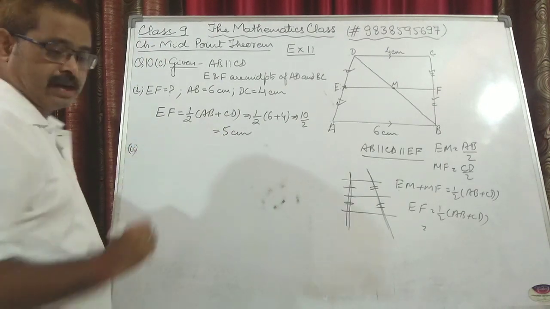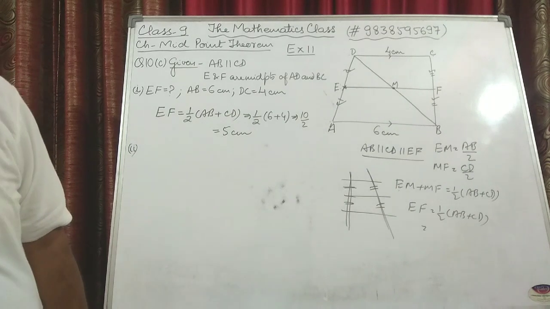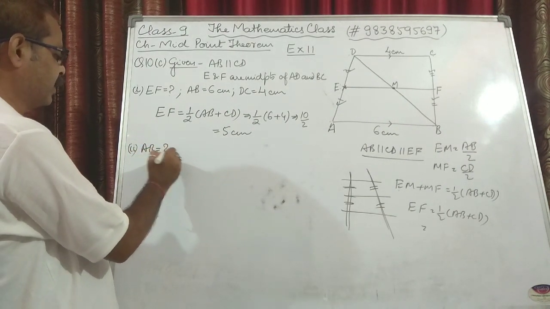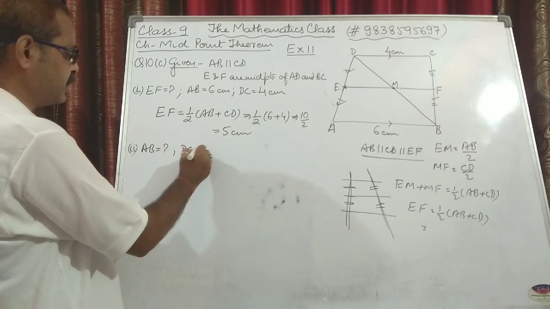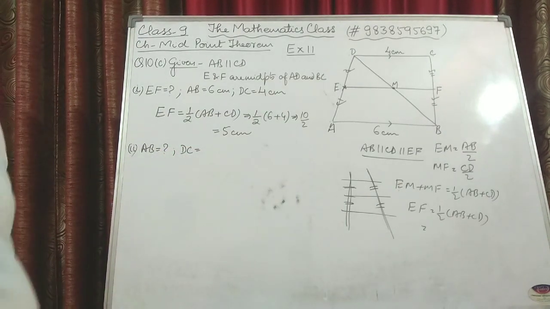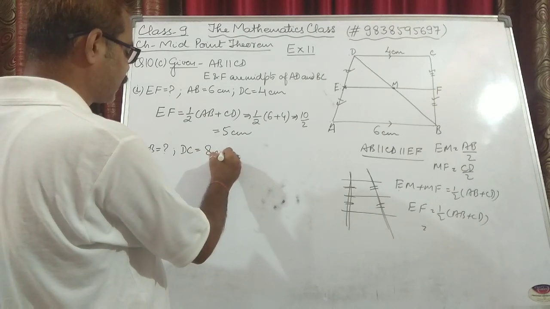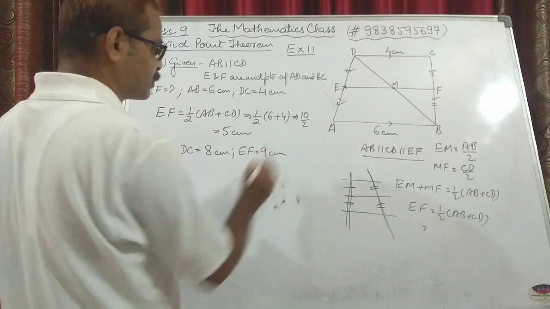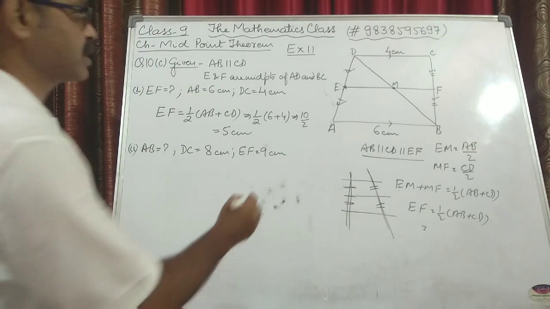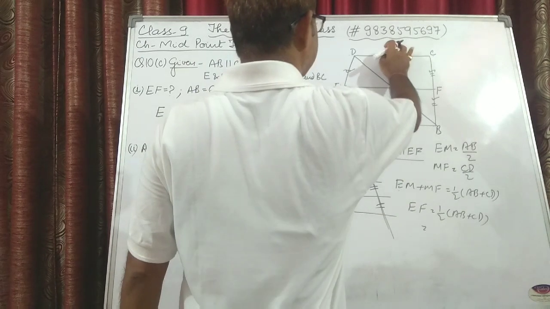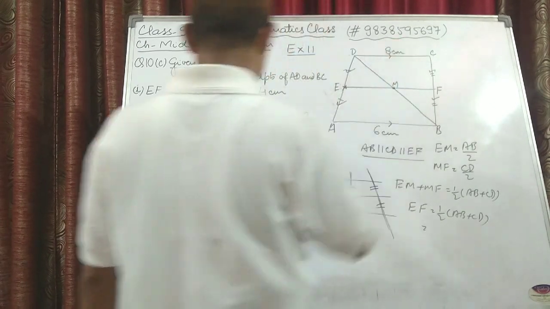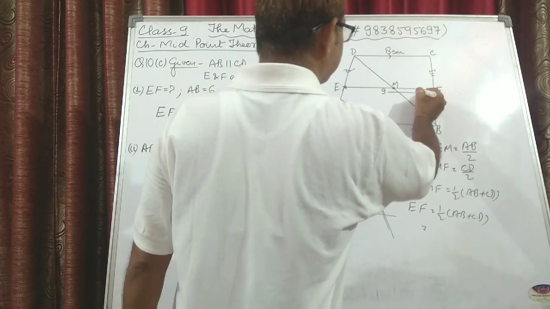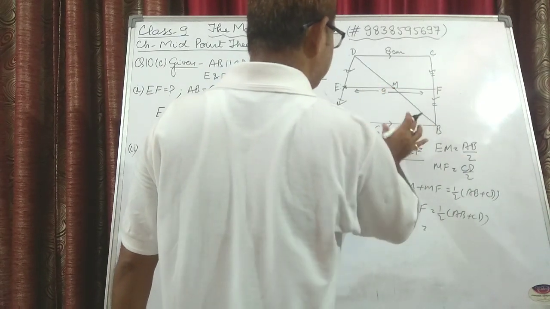Now we move on to the second part. The second part says find AB, if BC is equal to 8 centimeters and EF is equal to 9 centimeters. Again the concept will be the same here. They say BC is 8 centimeters and EF total is 9 centimeters.